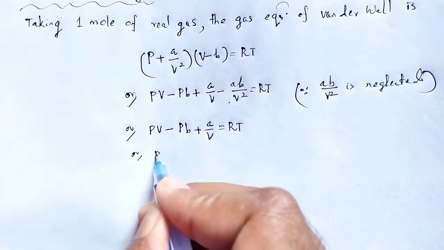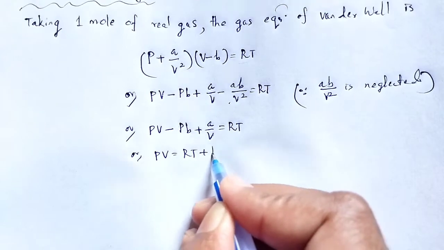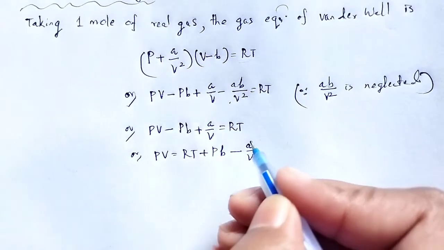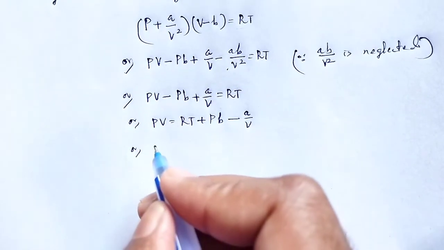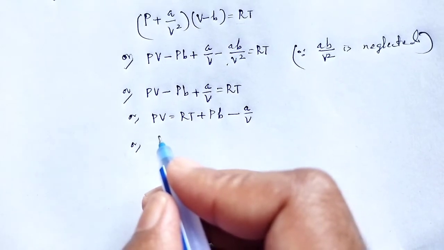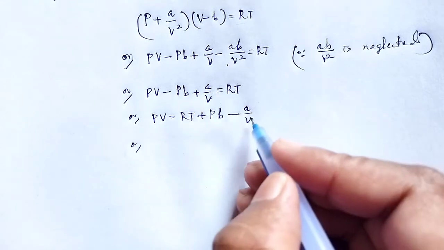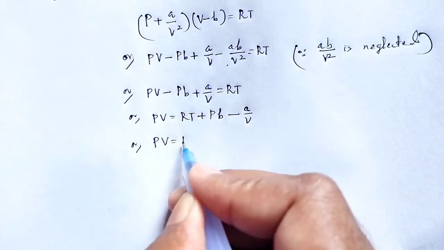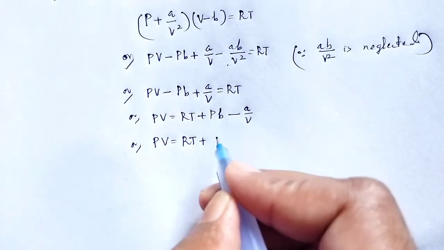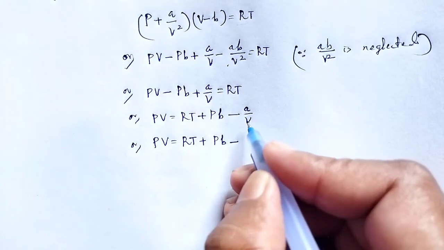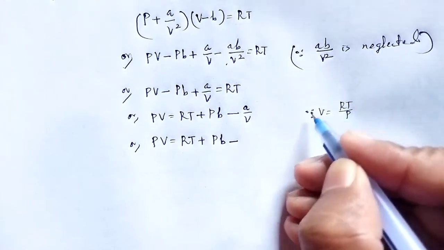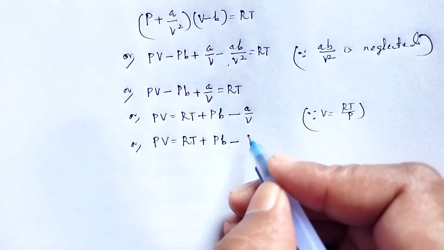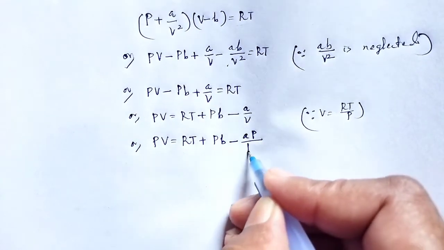Now PV is equal to RT plus PB minus A by V. In place of V in the last term, it can be substituted as V is equal to RT by P, so that is A P by RT.